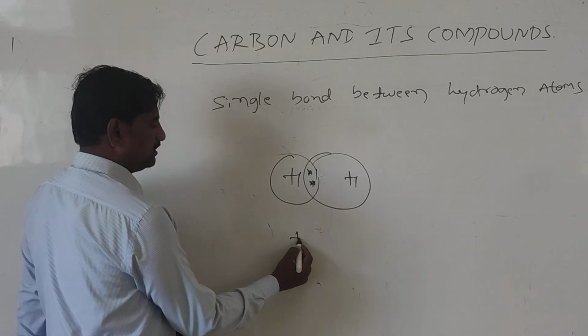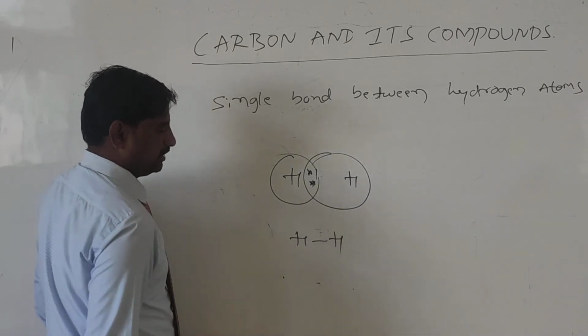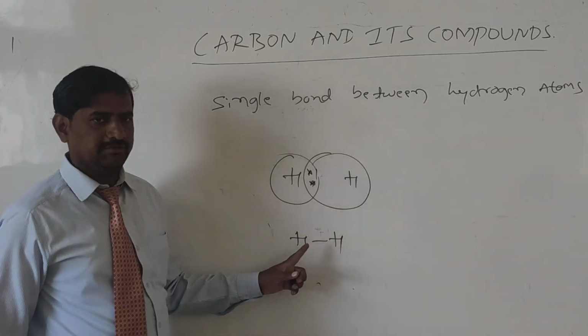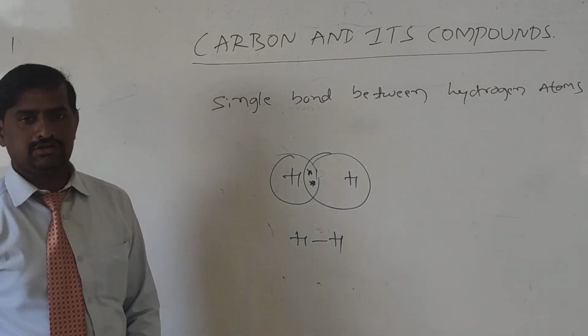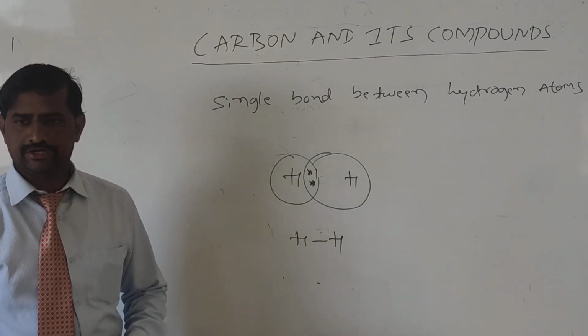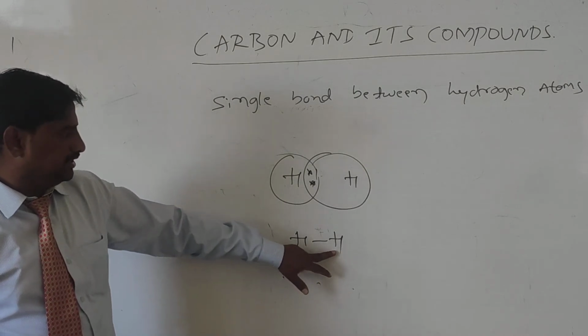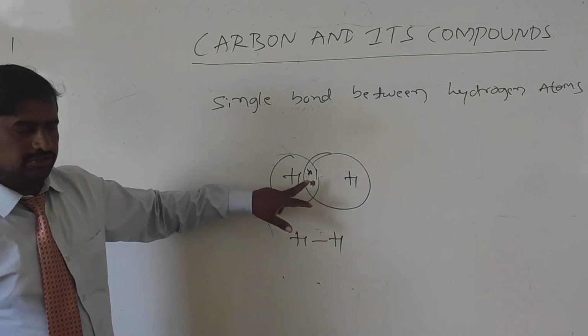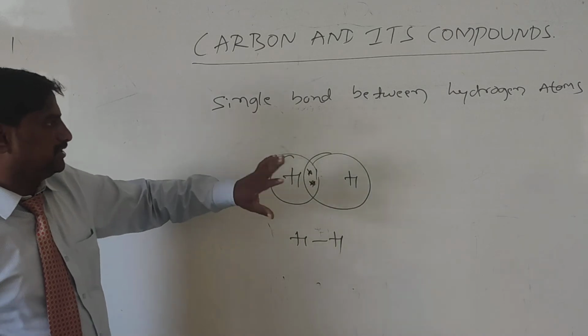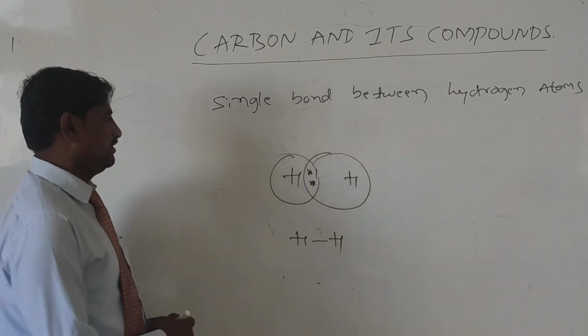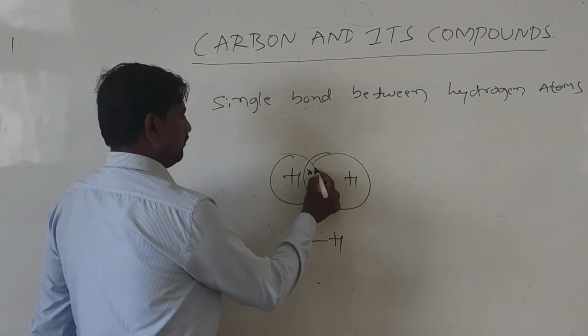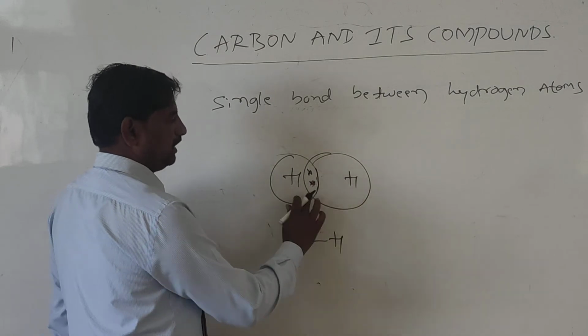So it becomes H single bond H. This single bond indicates one pair of electrons, or 2 electrons, in each single bond. So H single bond H is nothing but a pair of electrons. This single bond formation is the covalent bond formation. Covalent means sharing of electrons.